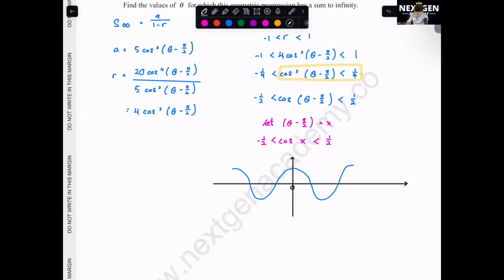This one is negative pi over 2. This one is negative pi. Here is positive pi over 2. Here is positive pi. Everyone understand this part here?